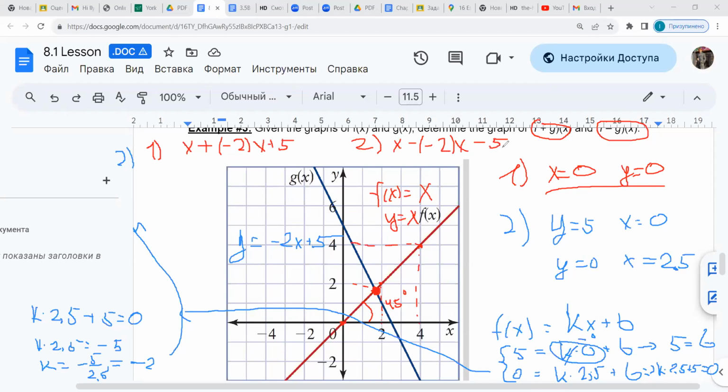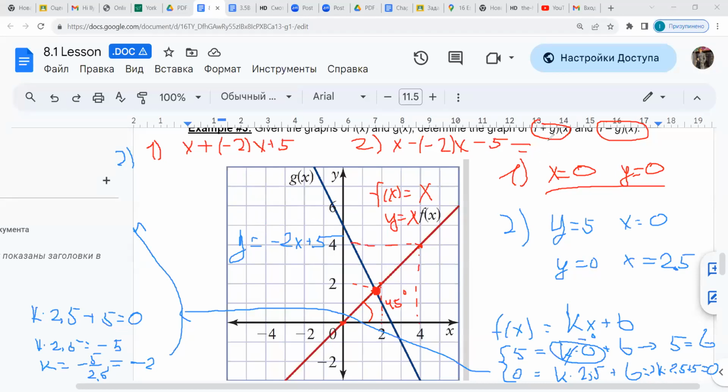Keep in mind that when we are doing it that way, we're basically opening the brackets. So we have to apply minus to every sign in there. g of x is negative 2x plus 5, so when we subtract this from f of x, we have to apply minus in front of negative 2x and in front of 5 as well.